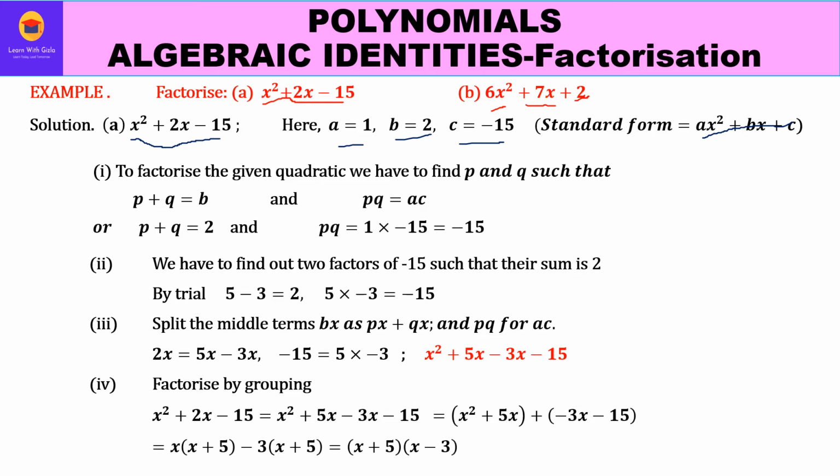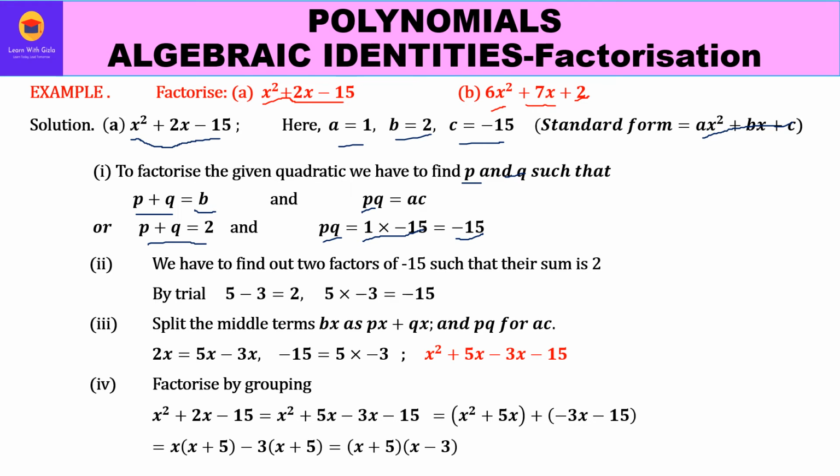Now you have to think of two variables, p and q, such that their sum is b, which is 2, and their product is a into c. a is 1 and c is −15, so pq should be 1 into −15, that is −15.